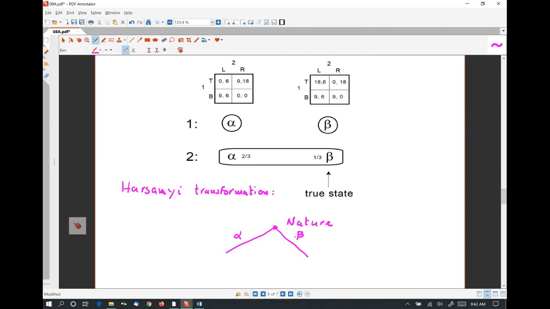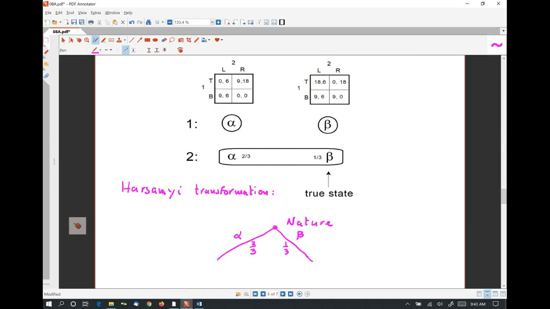Whenever we have a move of nature, we need to associate with it a probability. And as probabilities, we take the beliefs of player 1. This we can do in the simple case. Later on, we'll see that it's a little bit more complex in the case where the situation of incomplete information is not one-sided.